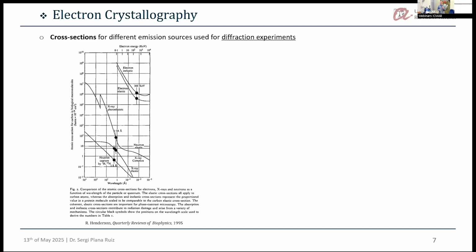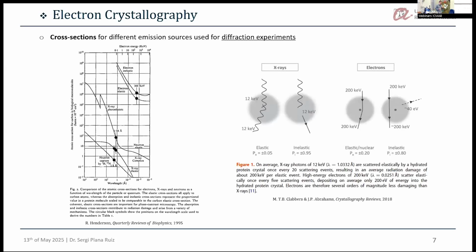However, this also comes with an advantage, which is that the probability of an elastic scattering with a crystal is higher for electrons than for X-rays, meaning that, for example, if we send the same amount of particles to our crystals, X-rays will deposit more energy in the material than electrons. Therefore, in this ideal comparable experiment, we will damage our material more with X-rays than with electrons.